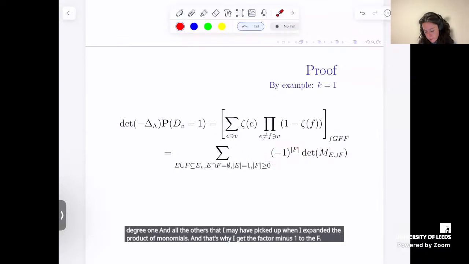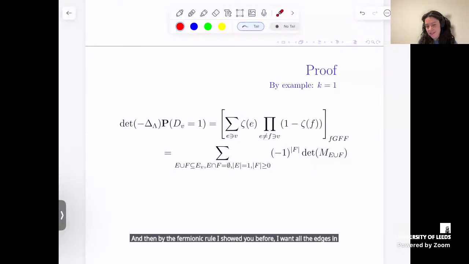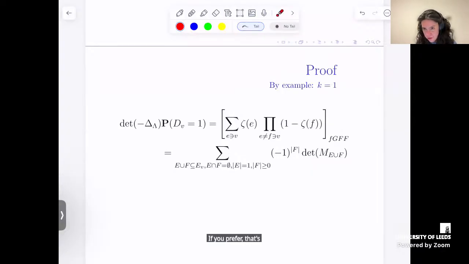And then by the fermionic rule I showed you before, I want all the edges in E union F to be present in the UST. If you prefer, that's again inclusion-exclusion.